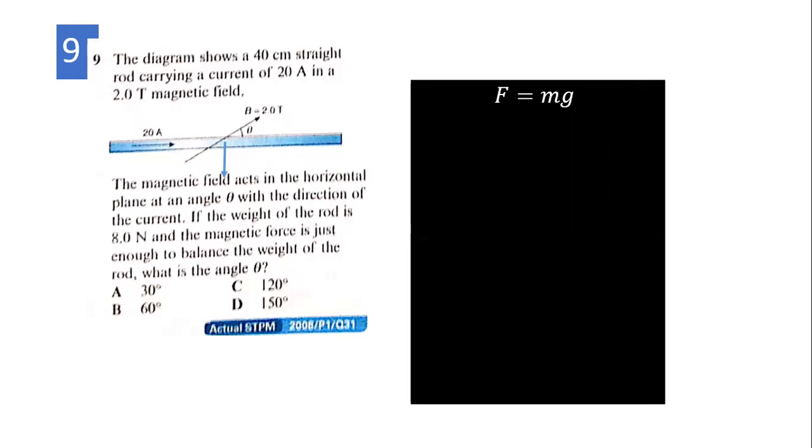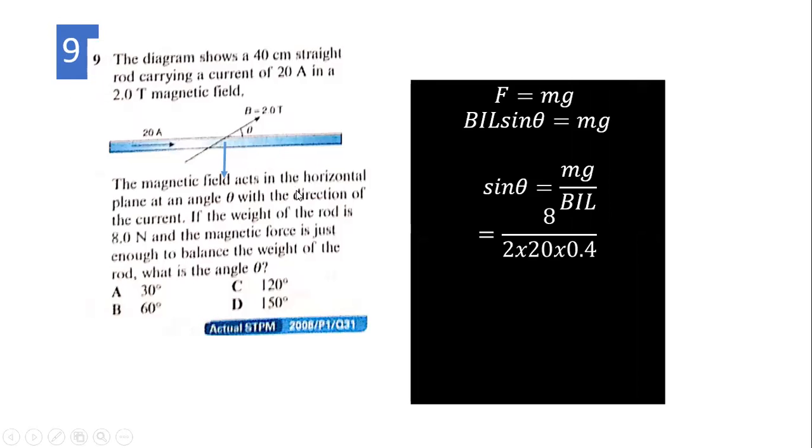Magnetic force is BIL sin theta, weight is mg. Okay, BIL down, cross multiply. Put in your values. Your weight is 8 newton, B is 2, current is 20, L is 0.4. You get 30 degrees.